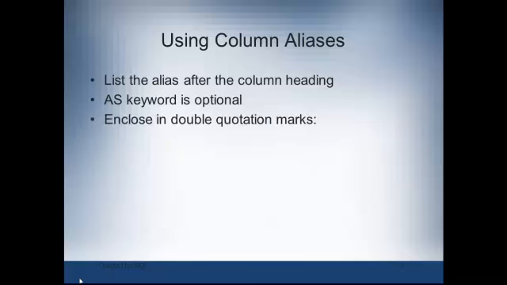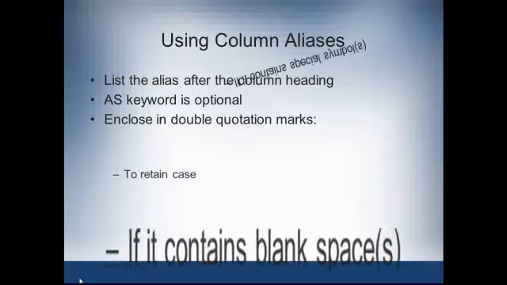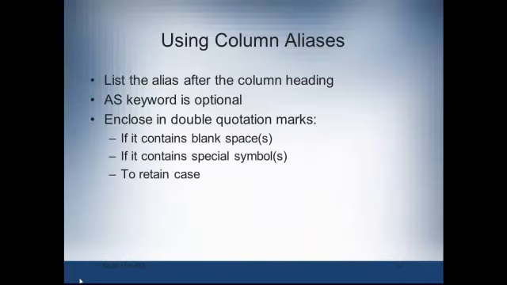Now, the column alias, again, as I said, is enclosed in double quotation marks only for certain reasons. If your column alias contains blank spaces, for example, publication space date, we must use the double quotation marks around our column alias.